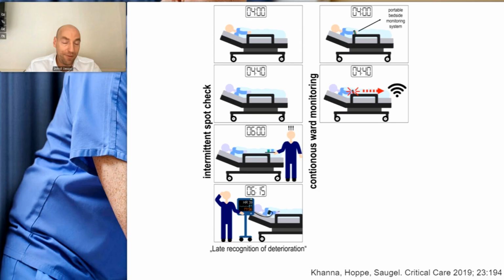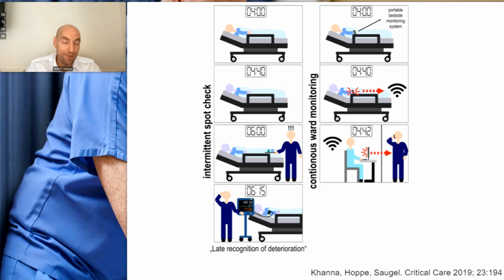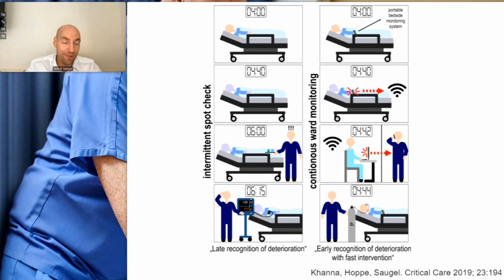We could instantly give an alarm to the nursing team on the ward or to a physician, and we could just a couple of minutes later be at the bedside, for example, do a simple intervention like give oxygen, and we may prevent major, much more severe complications or even cardiac arrest or death.